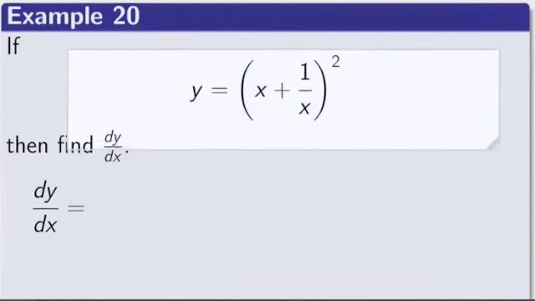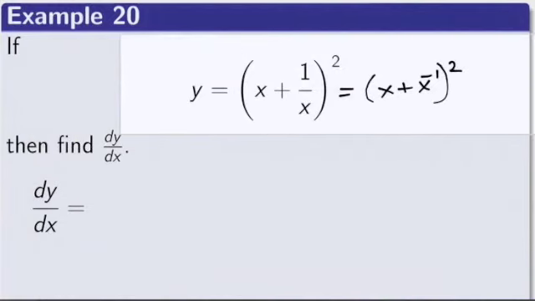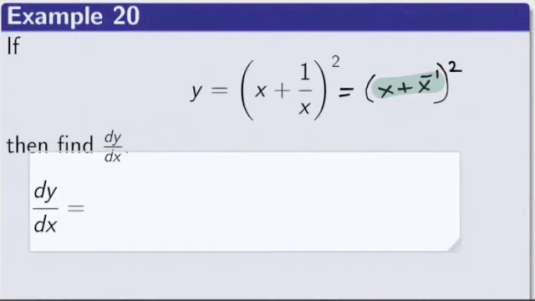Okay, let's look at one more example. Here we've got this expression for y. We could write it in a more convenient form as x plus 1 on x can be written as x to the -1, all squared. So now if we treat the term inside the brackets as u, we can write what dy dx is.